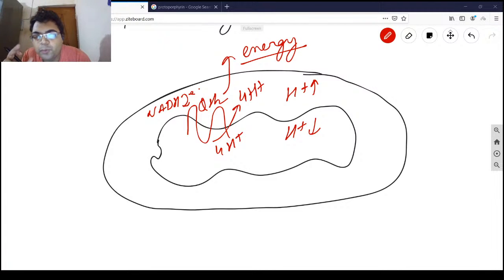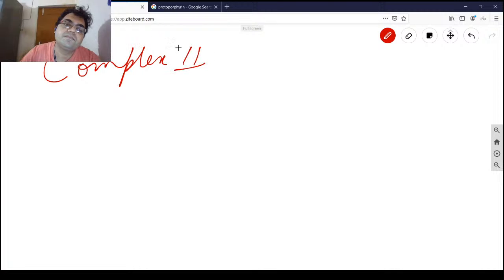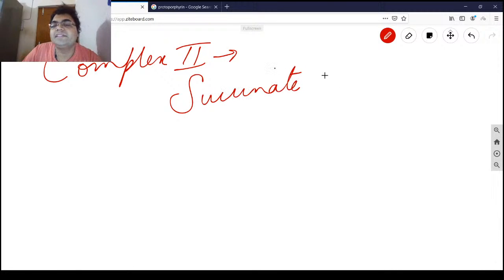Now coming on to complex 2. Complex 2 is known as succinate dehydrogenase.